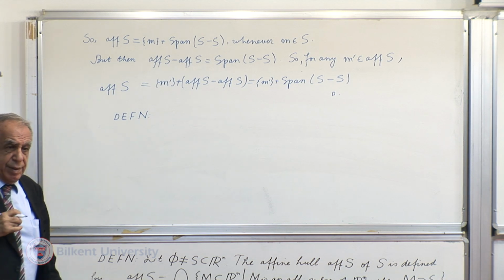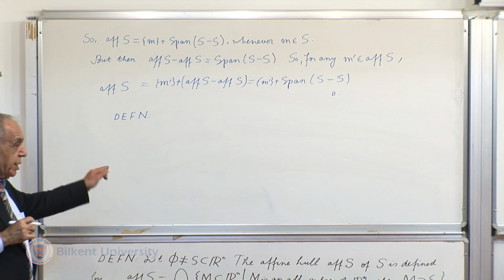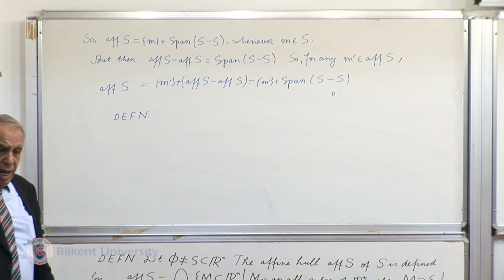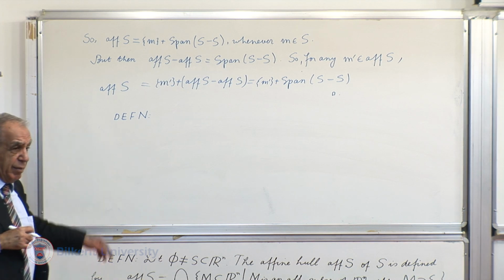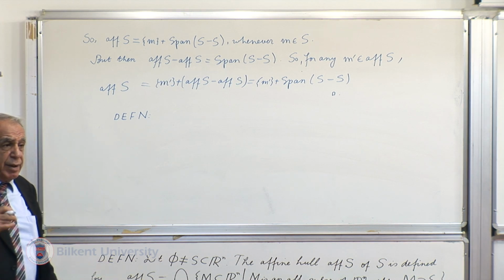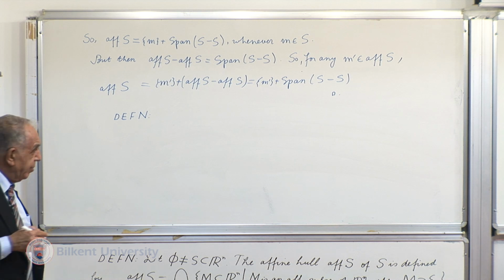Now, we'll have a repetition of two notions, that of a linear combination and that of a convex combination. But what will be new in this definition will be the definition of an affine combination of finitely many vectors.